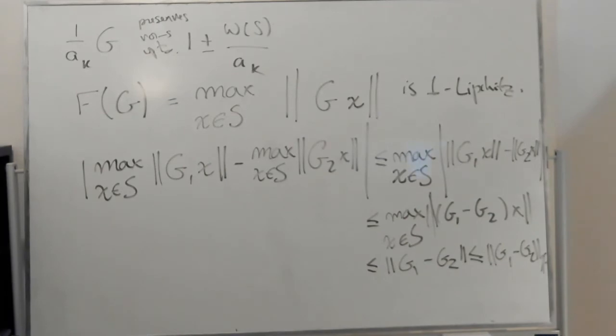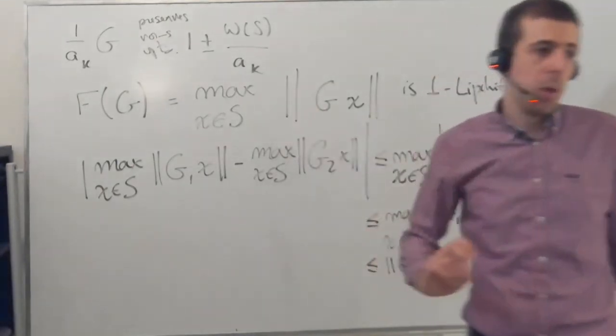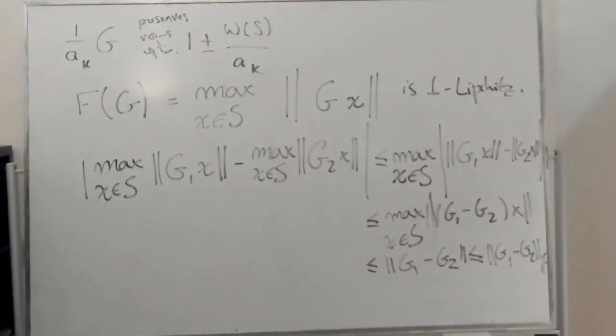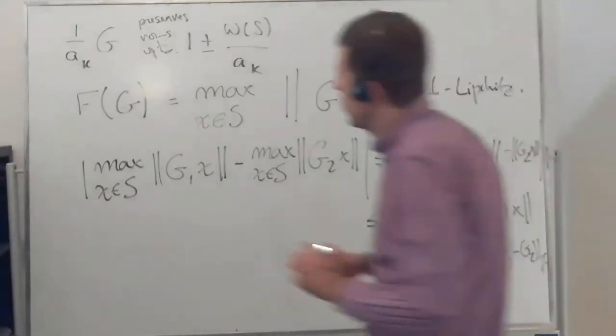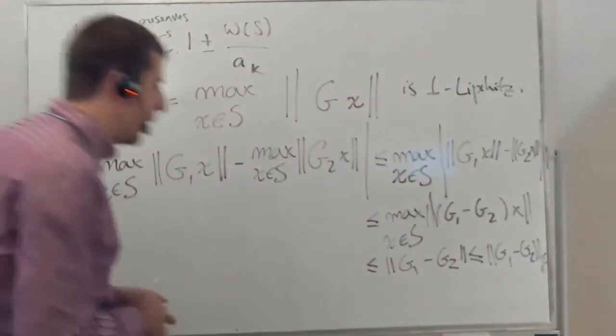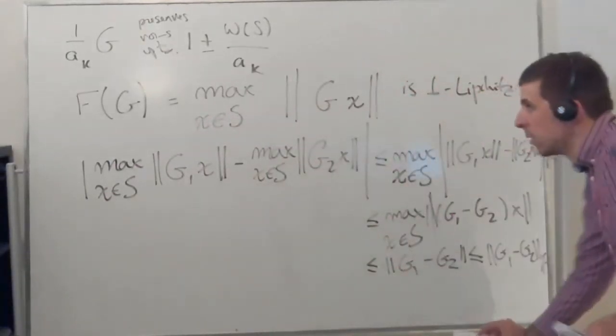Okay. And one can also show the same way that if I take the minimum, it will also be one Lipschitz, and now we can use Gaussian concentration. Okay, so now if we use Gaussian concentration on this quantity, I'm going to erase this.